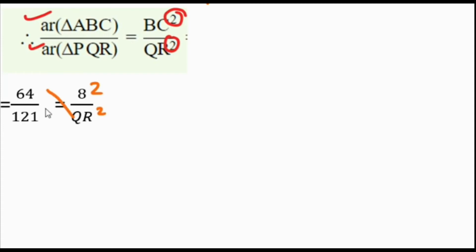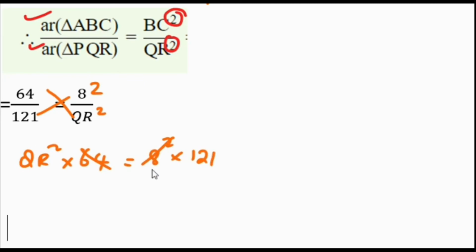So we have to do the cross multiplication here, students. QR square into 64 is equal to 8 square into 121. 8 square is nothing but 64. I'm cancelling 64 on either side. QR square is equal to 121. QR will be obviously root 121, which is 11 centimeters.